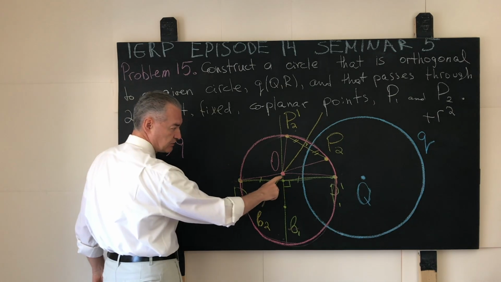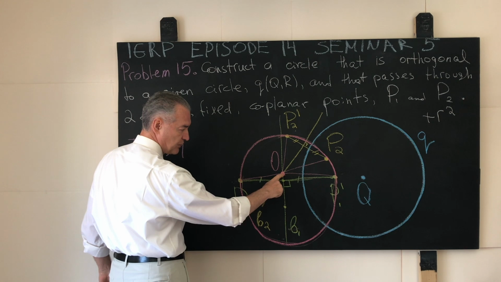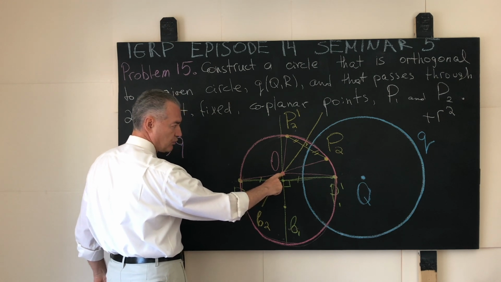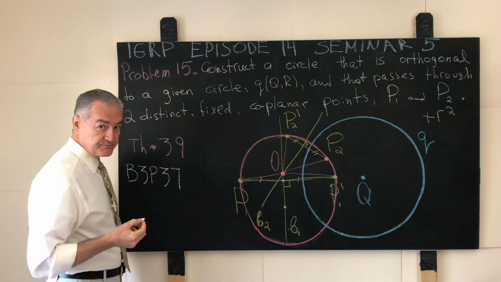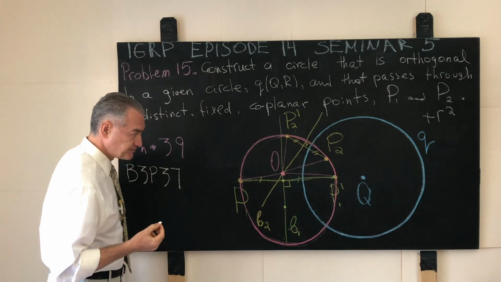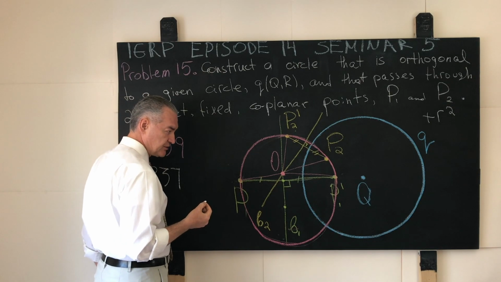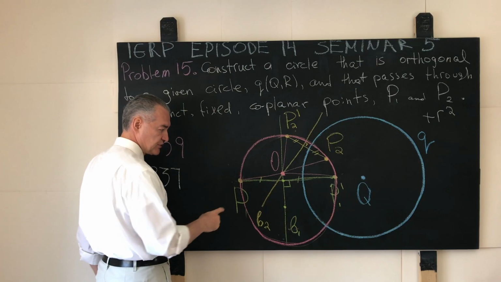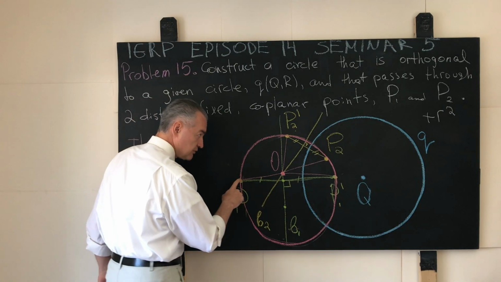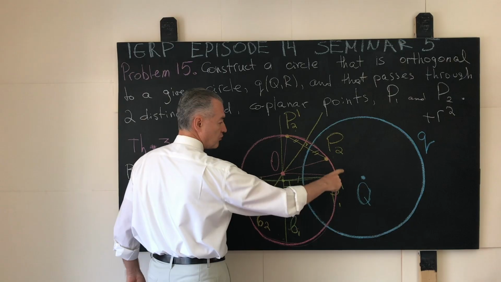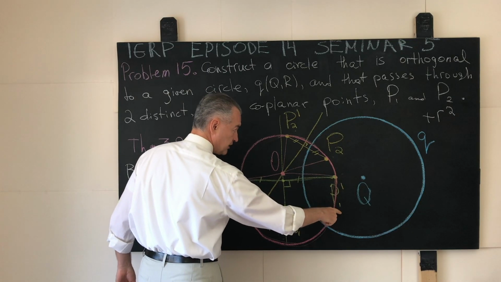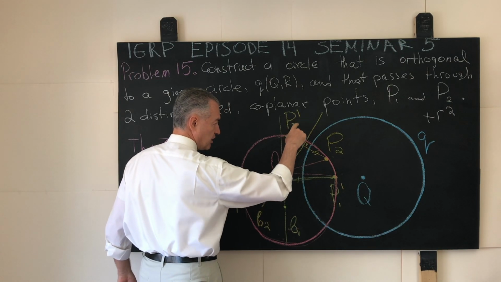They will intersect precisely over one unique point, O, let's say we call that point, and it will so happen that that point will be equidistant from all 4 points of interest, from the given point P1, from the given point P2, from the image P prime 1, and from the image point P prime 2.